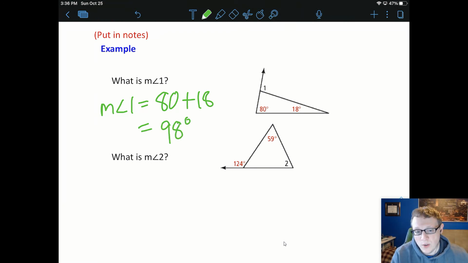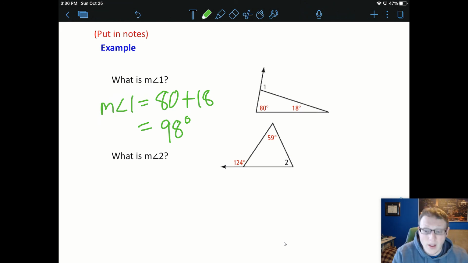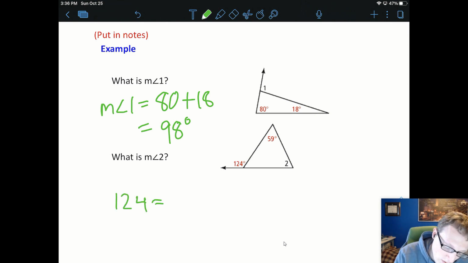We can also use the triangle exterior angles theorem to find what angle 2 is. And I should say we can use it to find a remote interior angle as well. So in this one, I know that 124 has to be equal to these two added up together. So 59 plus the measure of angle 2.